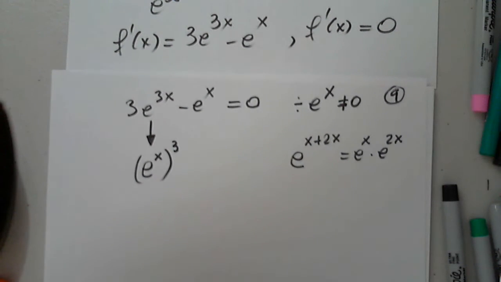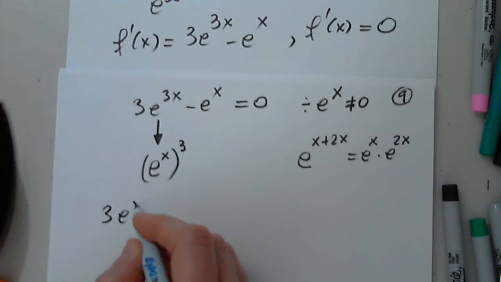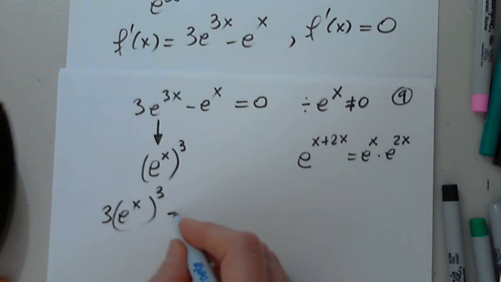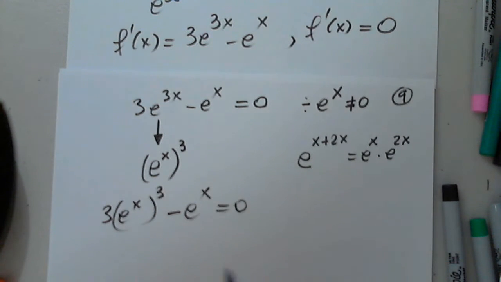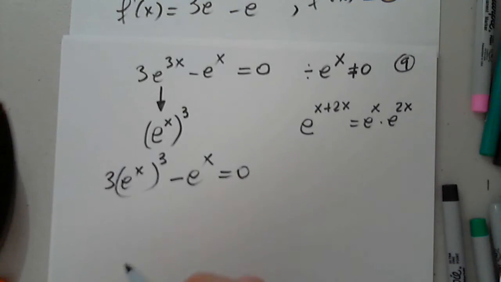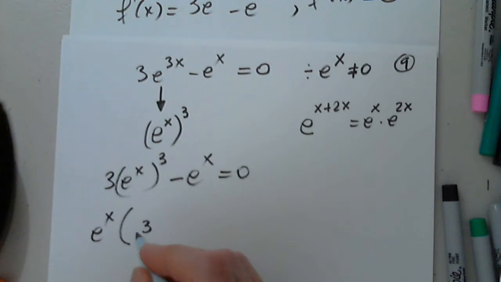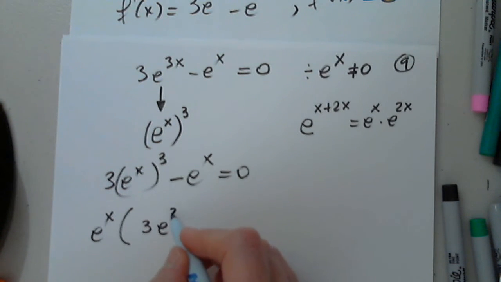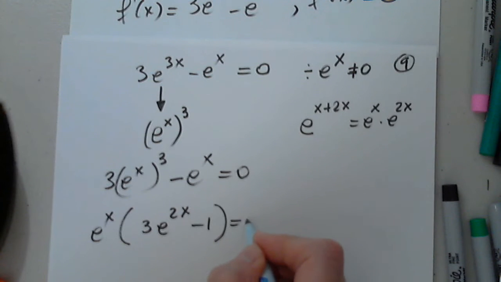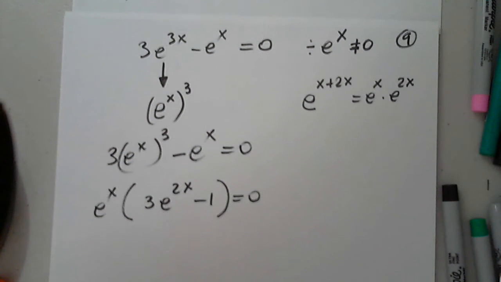So 3 times e to the x, everything to the third, minus e to the x equals 0. Factor out e to the x, so we get e to the x times 3e to the 2x minus 1 equals 0. 3x minus 1x is 2x.